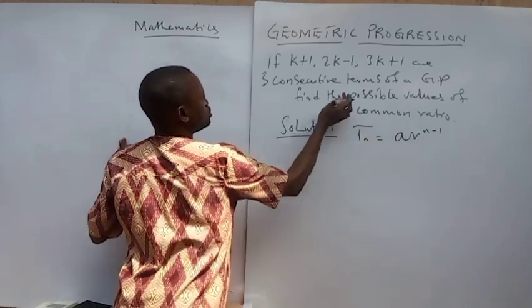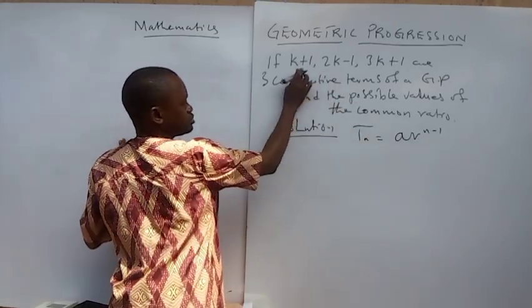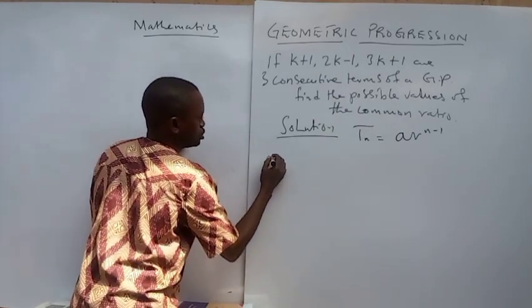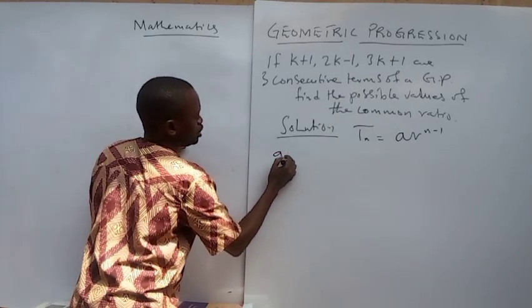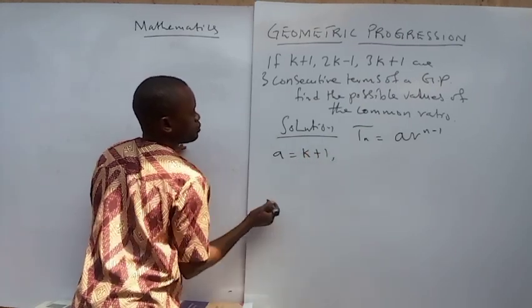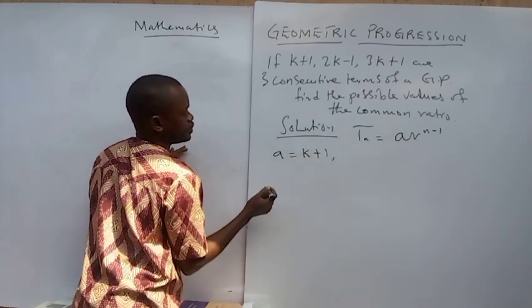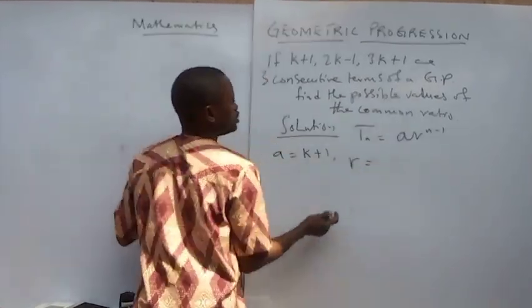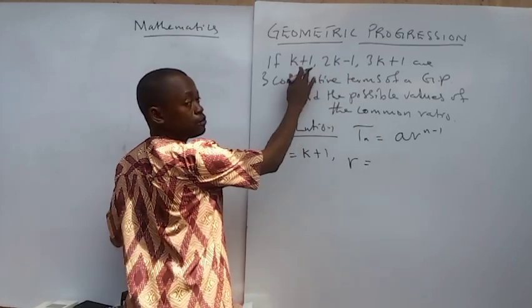The common ratio is the ratio of this and this. R, being the common ratio, I used to say it is latter divided by former.